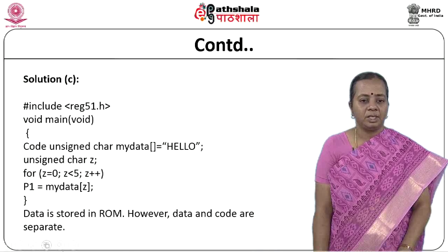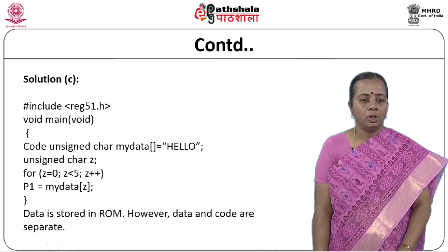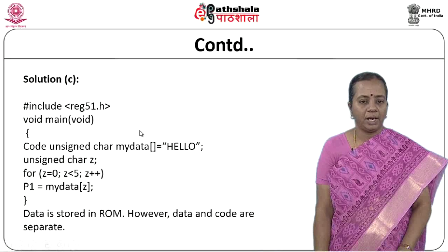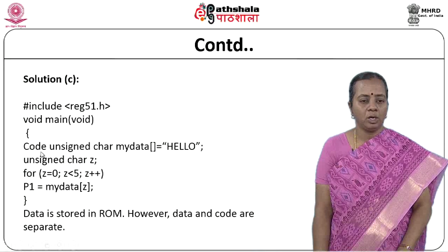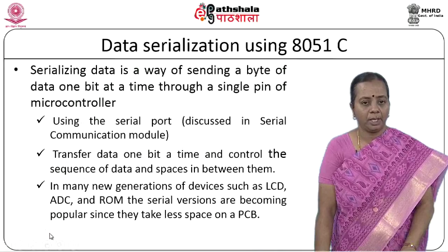What it says is the data is stored in the code memory, the ROM, the read only memory, the code space we can use for storing this content. I put it in a loop, so that each and every time I read one character which is pushed towards P1. The only difference is this data is declared with the first word as code. Because of that the data is stored in read only memory, but anyway the code and data are stored separately in that area.